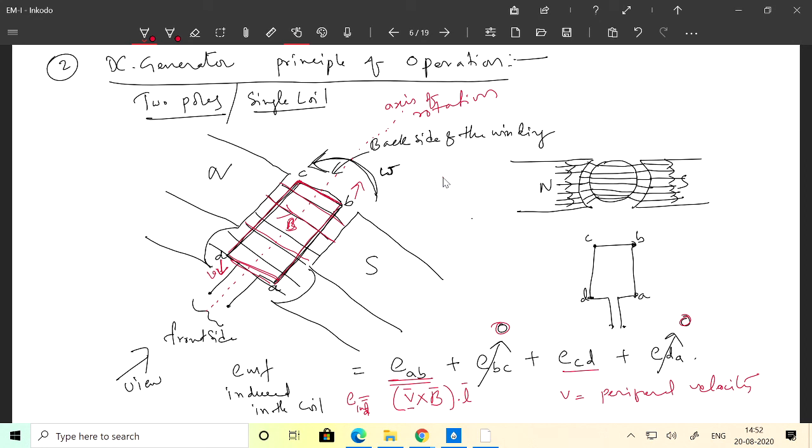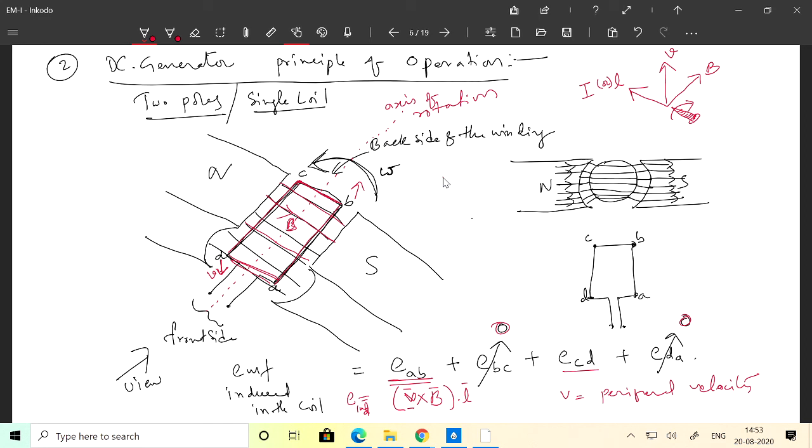According to the formula V cross B dot L, this is V, this is B, and this is L, the current direction.